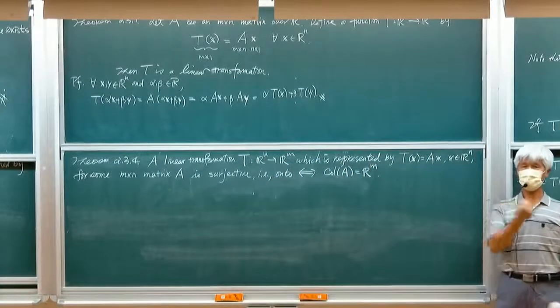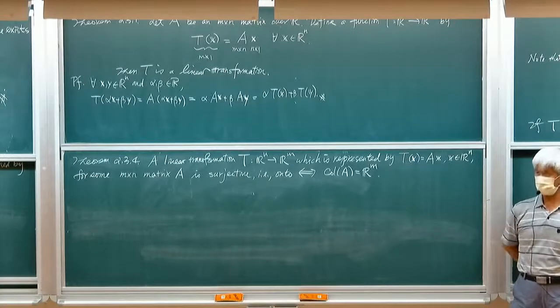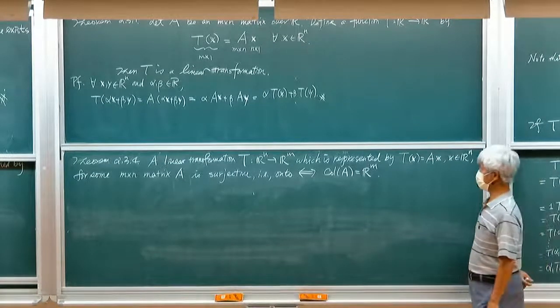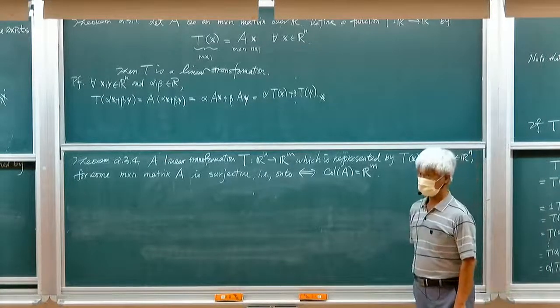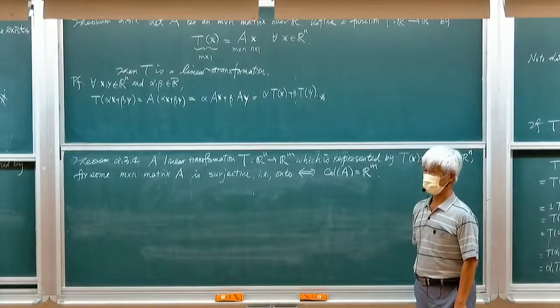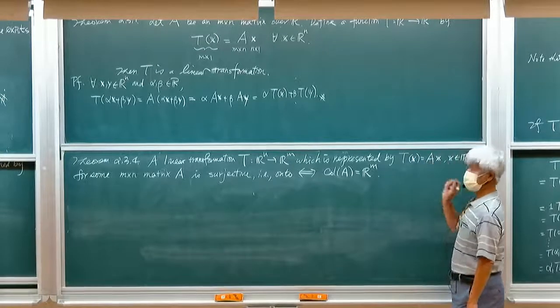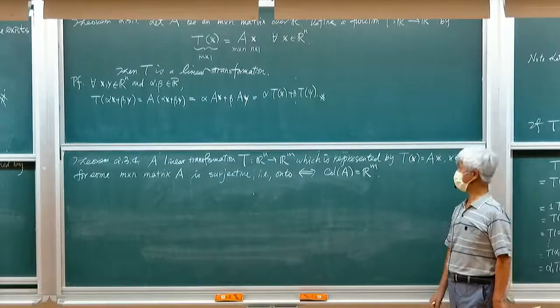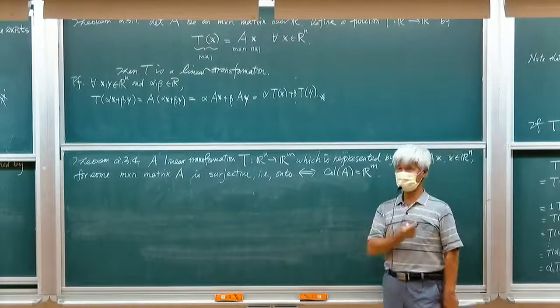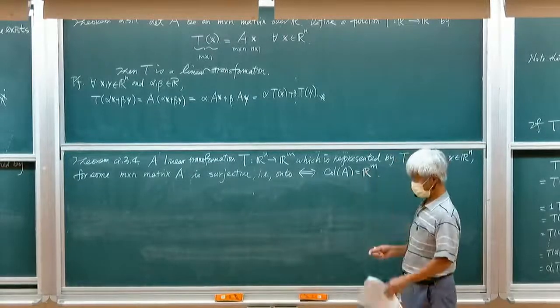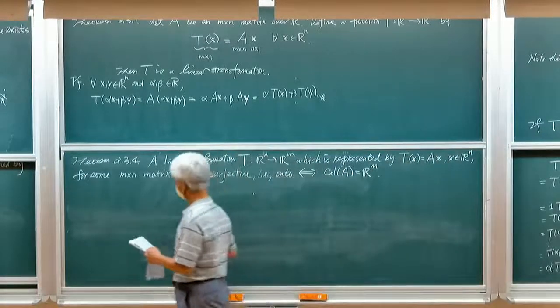Okay, so now we have a sufficient and necessary condition for a linear transformation to be surjective. That is that the representative matrix A should have a column space which is equal to Rm.